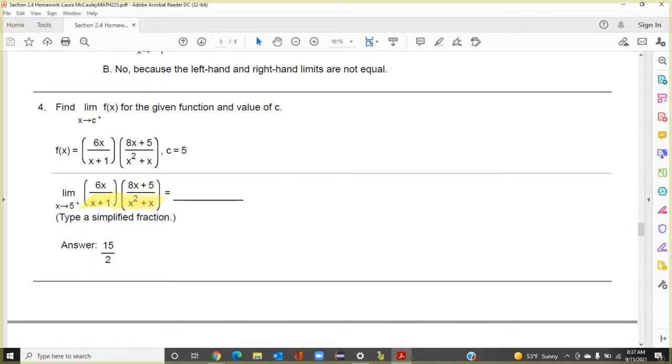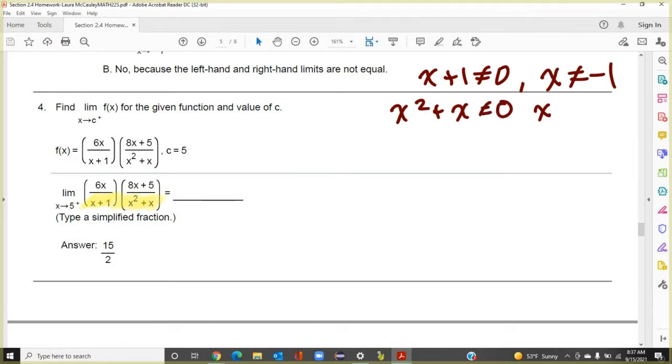So without even thinking about the 5, let's just look at this. We know that x plus 1 can't be 0. So in other words, x can't be -1. We also know that x squared plus x can't be 0. So if you factor the x out of that, that tells you that this can't be 0. So x can't be 0 or -1 again.